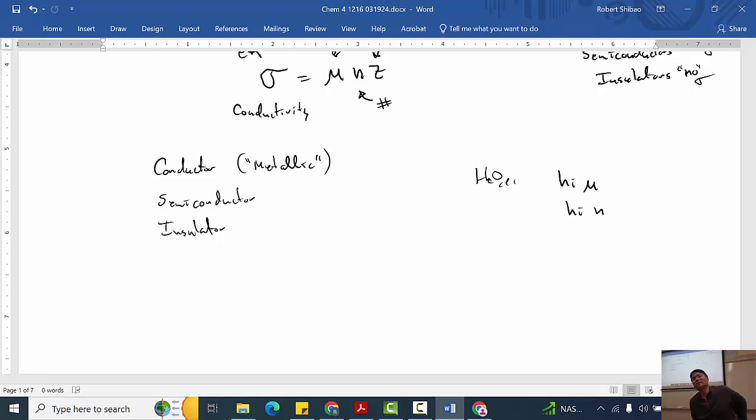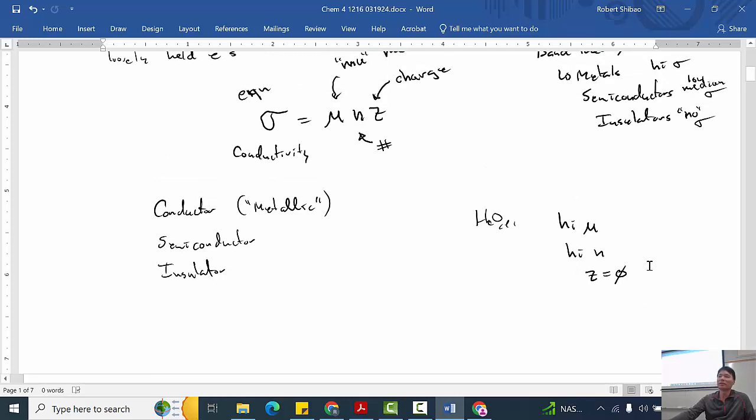But why is the conductivity so poor? Because of the charge. What is the charge on a water molecule? Neutral. The charge is 0. And therefore, what do we expect for the conductivity? Insulator. Yeah, it should be an insulator.